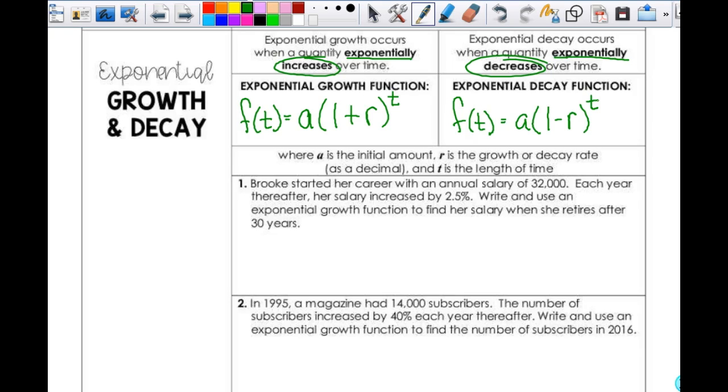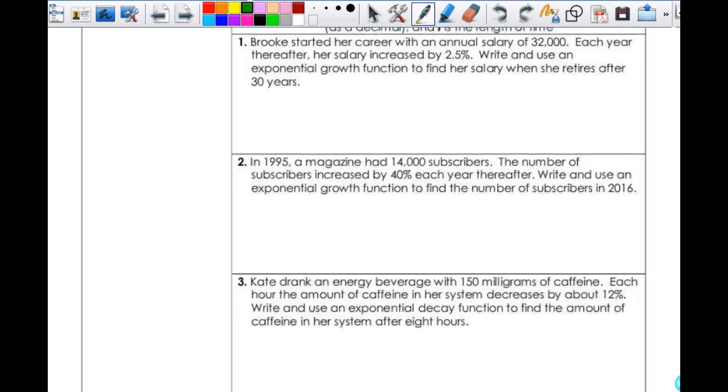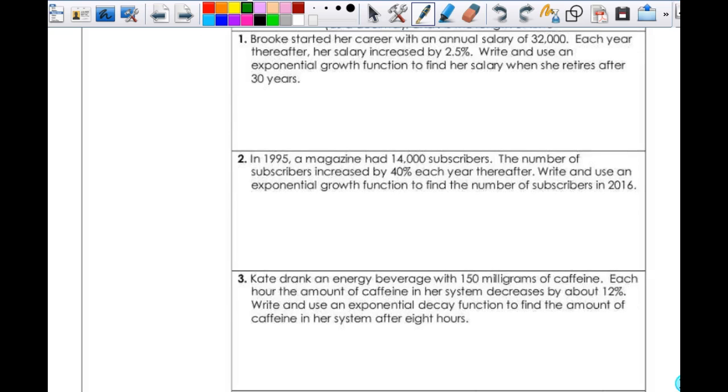Okay, so there's going to be 3 parts to these answers. You have to have the function written out, f of t, and then actually use it, because it says on here write and use. So 2 different things. We're going to have the f of t that would work for anything, and then move on from there. So it says, Brooke started her career with an annual salary of $32,000.